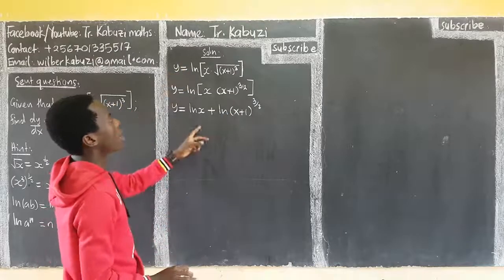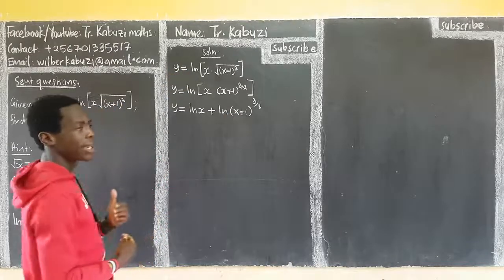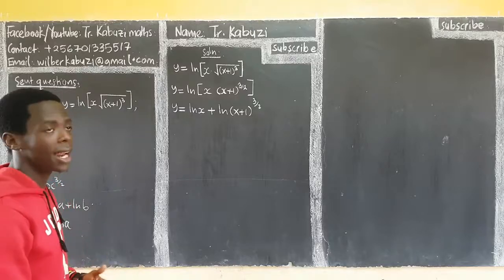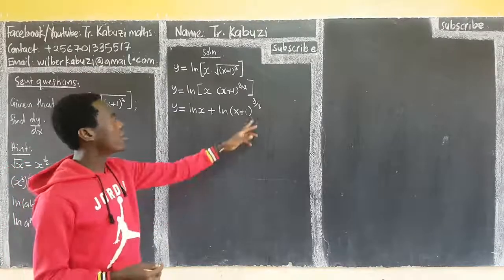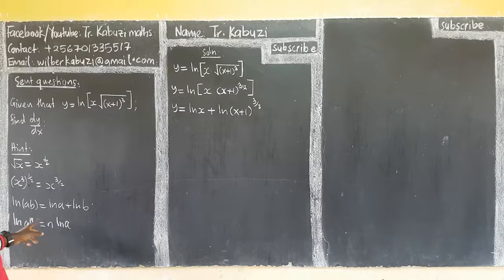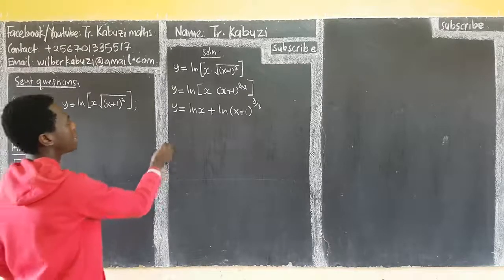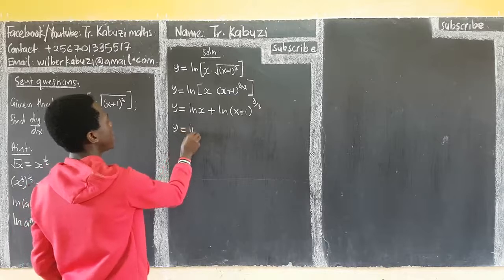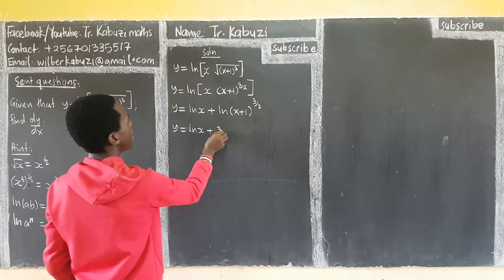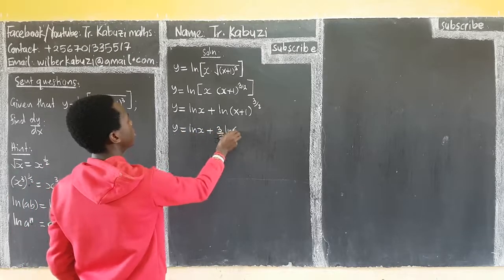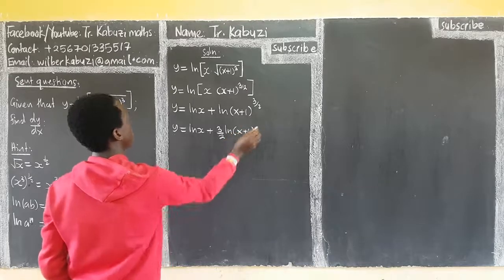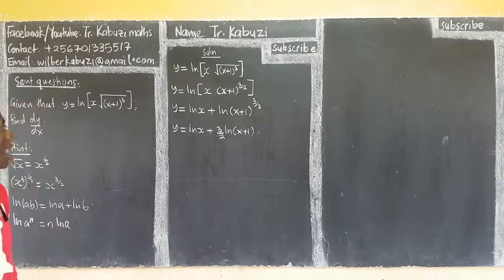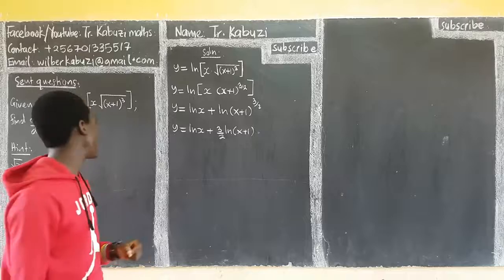From here, you can come to this step directly, but I'm breaking them down for simplicity so that everyone can see. Now we are going to apply this property here. If I have the power, then this power can fall. So my y is going to be natural log of x, plus 3 over 2 natural log of x plus 1.